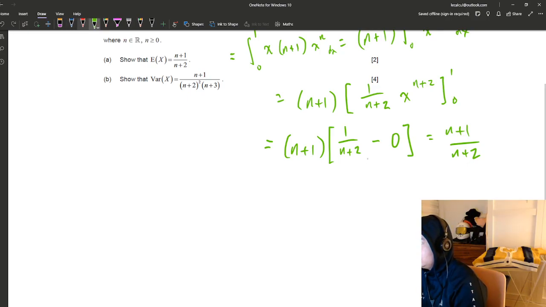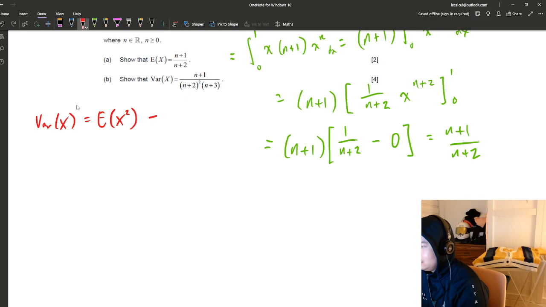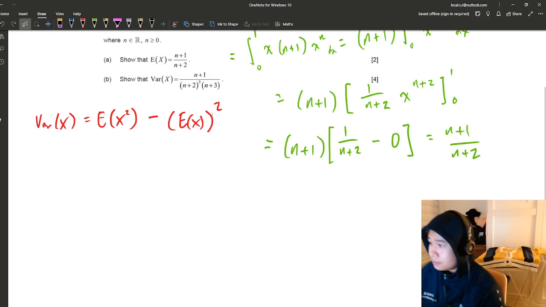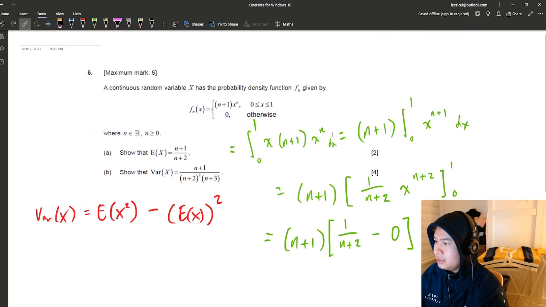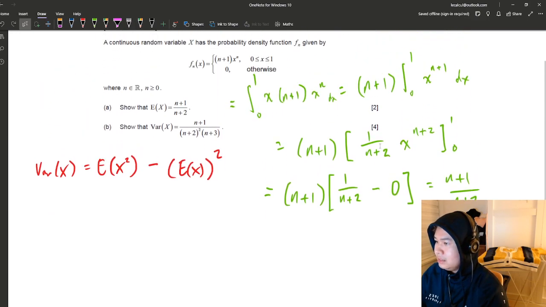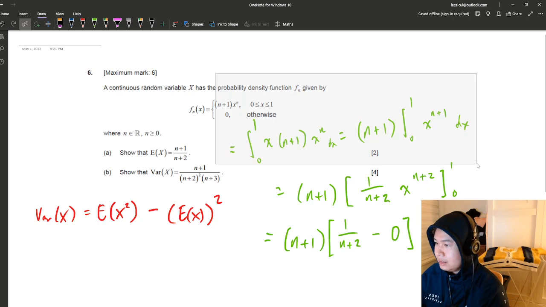The variance of x is going to be the expected value of x squared minus the square of the expected value. We already know what this is from part A, and then we just need to do this. So we're just going to do this integral again, but it's going to be for x squared.